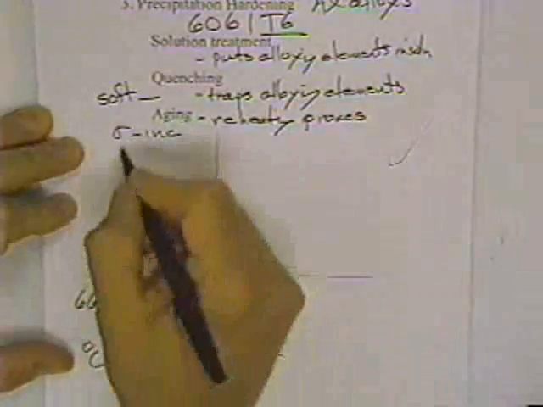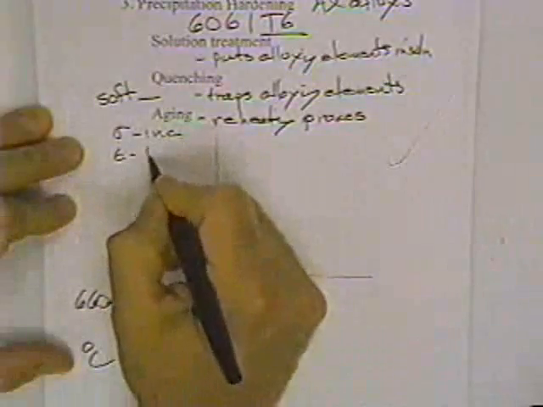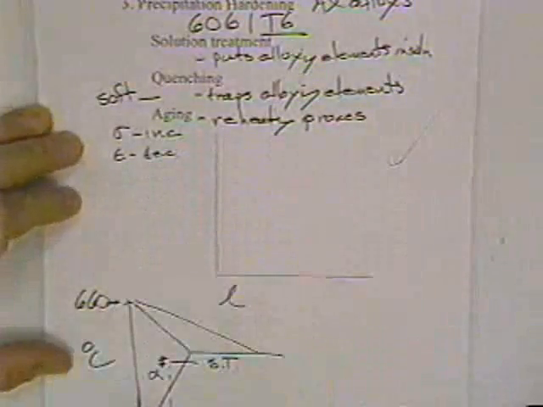Aging is a reheating process where now we're going to distribute the alloying elements, and actually the strength is going to increase. So strength will increase during the aging process. Similarly, there's no free lunch. The ductility will decrease.